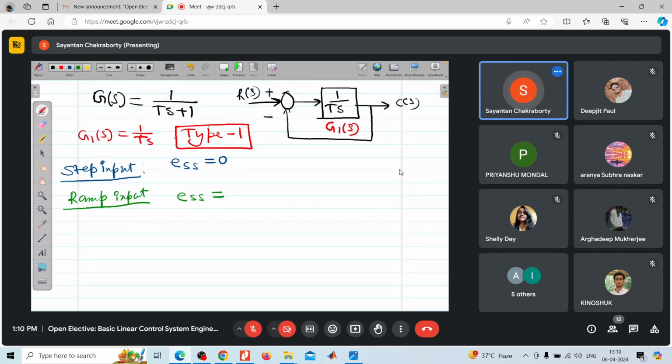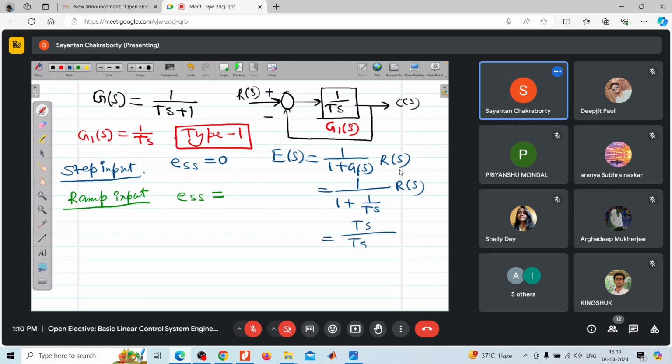So let us recap whether that was the case. For step input, we found out ess to be equal to 0. If you calculate that, what is your E(s)? It is equal to 1 by 1 plus G1(s) into R(s), that is, Ts by Ts plus 1 into R(s).